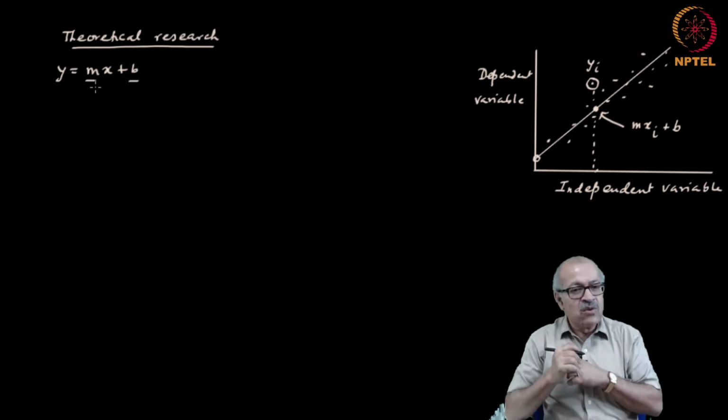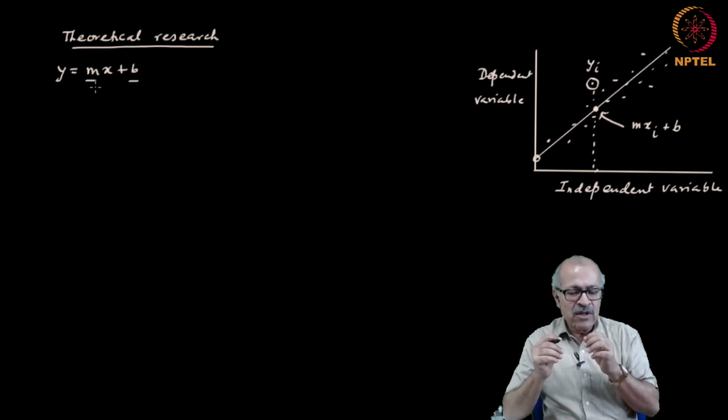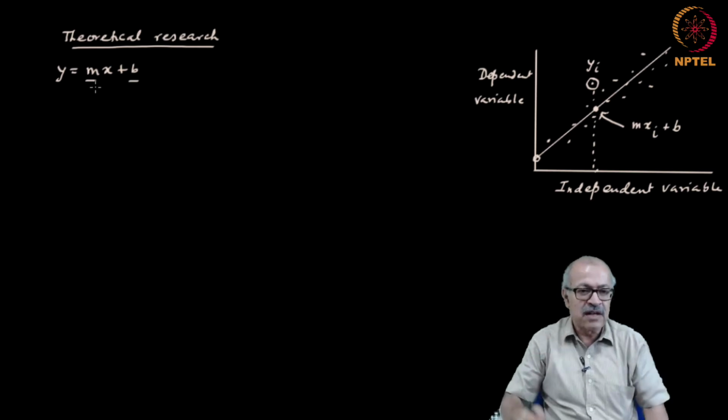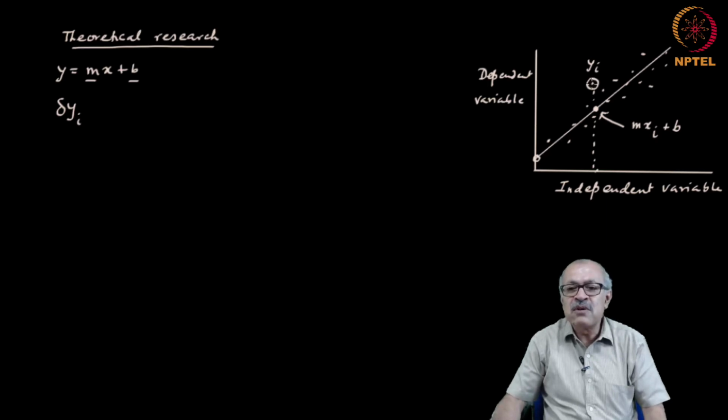So, in order to do that, first let us try to figure out how much would be the deviations. That means the delta y i, these are the deviations of the actual data points from the straight line fit, right.